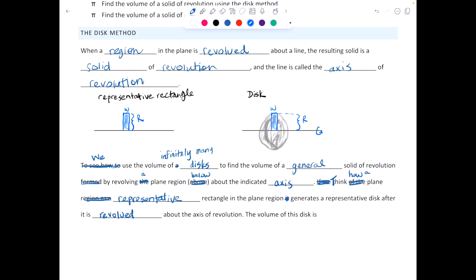So volume of a right circular cylinder is going to be what? You remember that? So in this case, we would have volume equals pi times r squared, and then our width is the height of that cylinder.